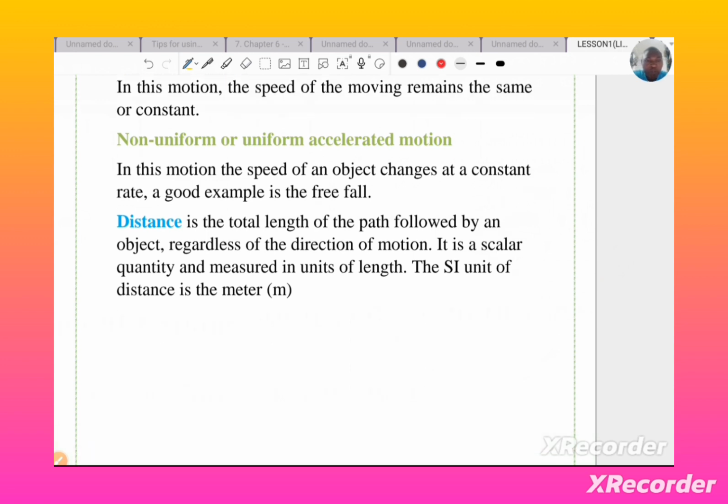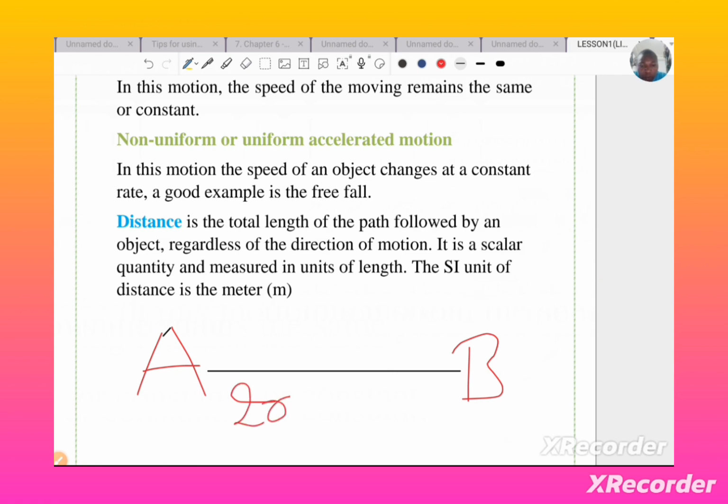If I take an example for bodies which are moving, let's take the example of a body which is moving from A to B. Take like this motion of a body which is moving from A to B. Now, let's say that the body started here with 20 meters per second at point A, and it has reached here at point B also with the same speed, 20 meters per second.